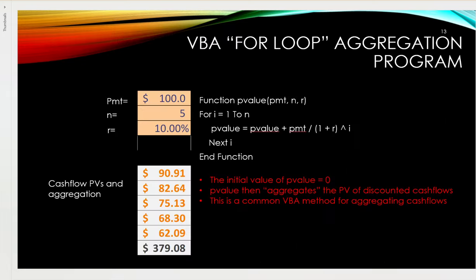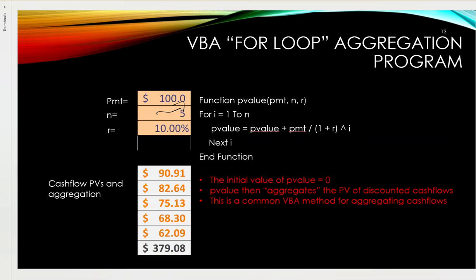All right. So we're going to do a for loop aggregation program, and we're going to convert one we used in VBA into a Python program. In VBA, we created a program called p-value. In that program, it puts in the parameters payment, n and r, and says for I equals 1 to n, next I, p-value equals p-value plus present value of payment.